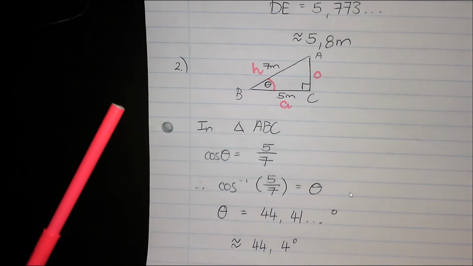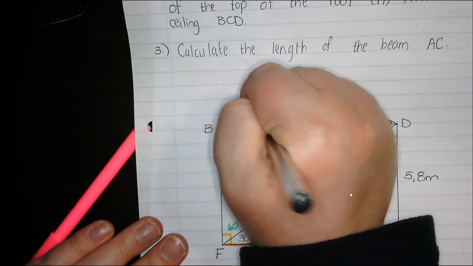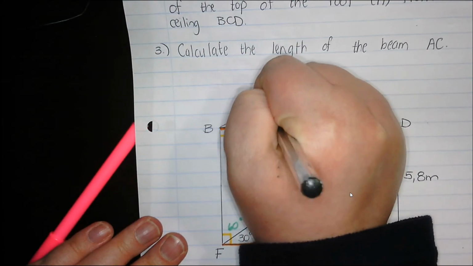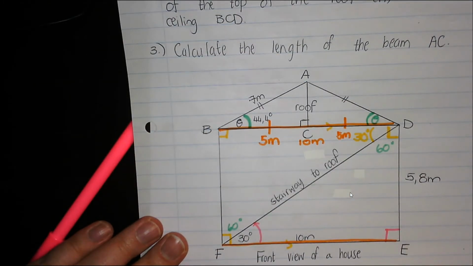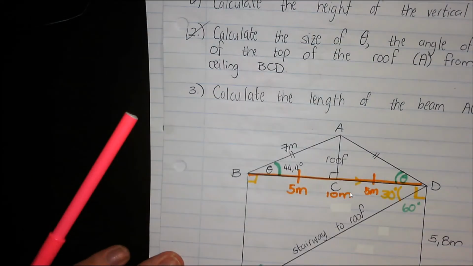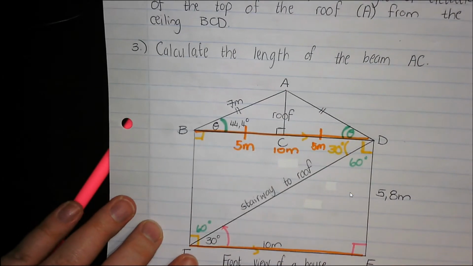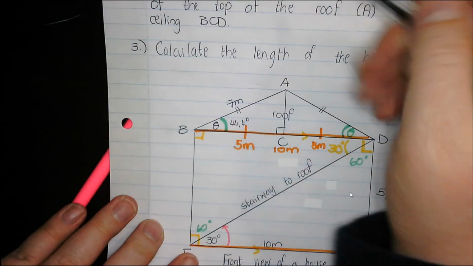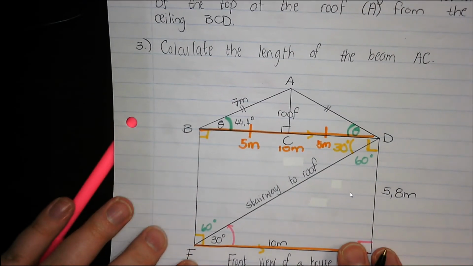Perfect. Sometimes you just need to take a moment to look at it. That's 44,4 degrees, which is also that. So we have question 2 done. Then they want you to calculate the length of AC.